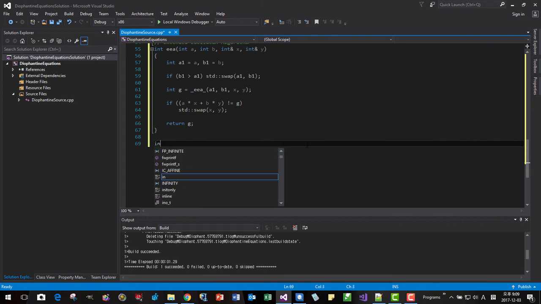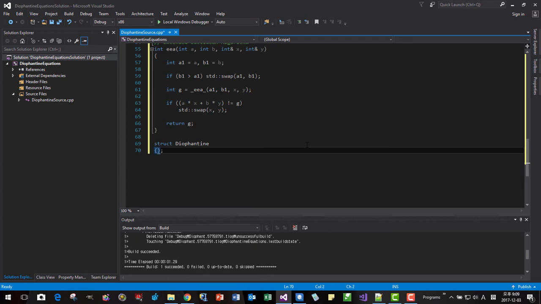I will create a struct Diophantine. I will create it like this, and it needs int x0 and int b. Okay, I will initialize it to this initialization. Then I will create an operator, the general solution.